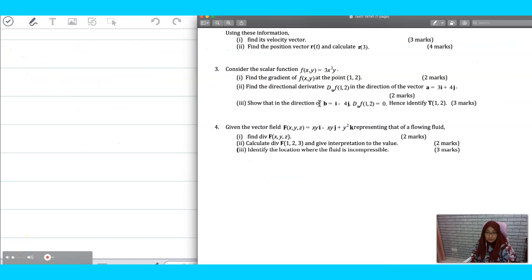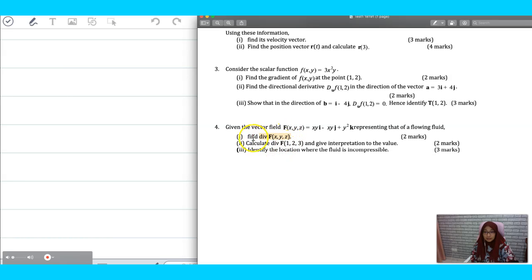Okay, another question, another exam-like question. So this is from a previous test. So you are given a vector field which represents the fluid flow. So the first question, find the divergence of the given vector field.